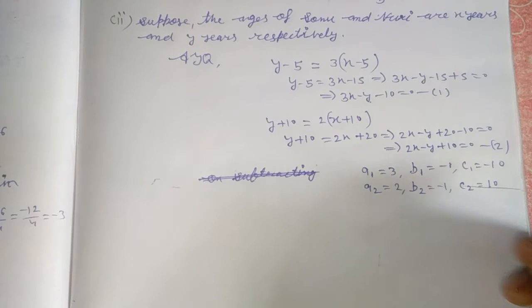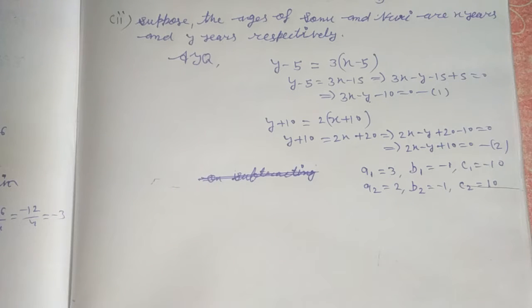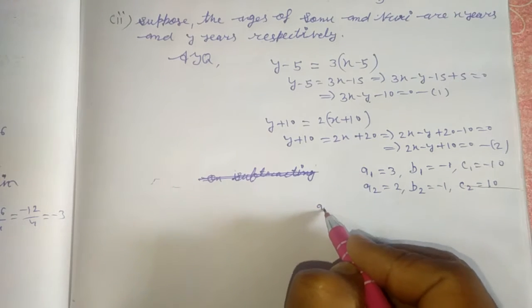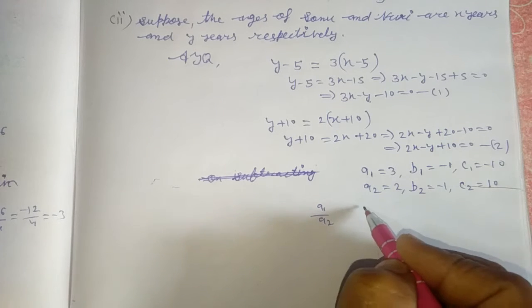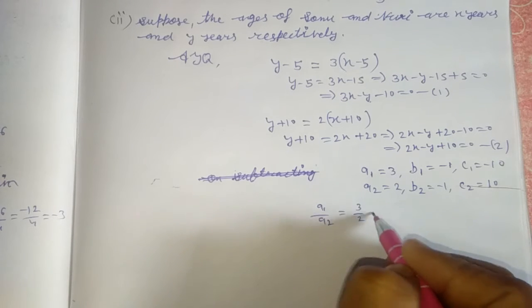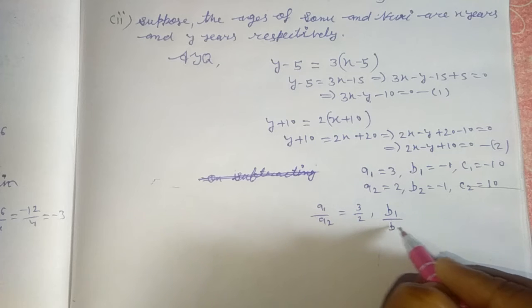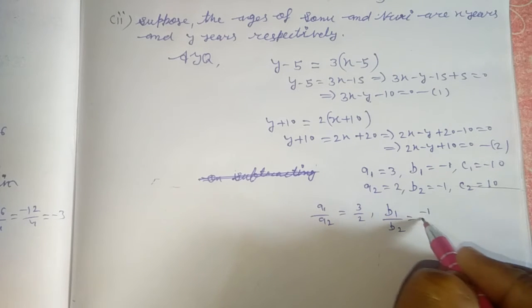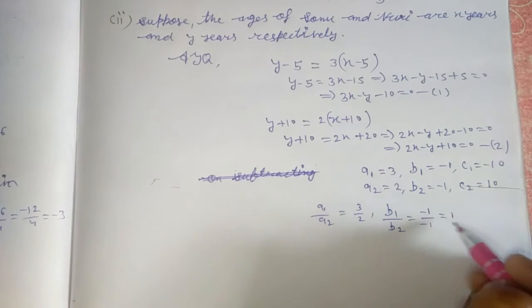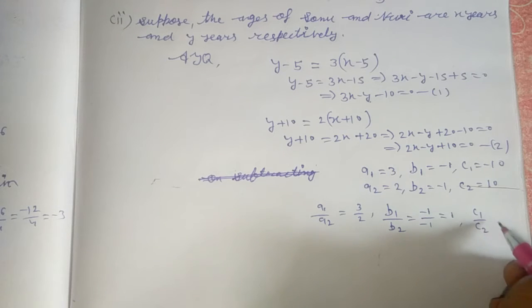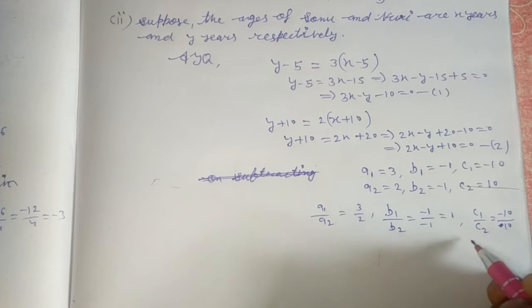Now take the ratio: a1 upon a2 equals 3 upon 2, b1 upon b2 equals minus 1 upon minus 1 means 1, and c1 upon c2 is minus 10 upon 10 means minus 1.